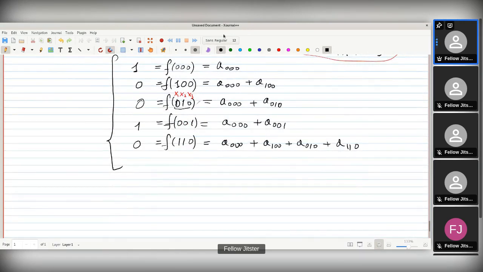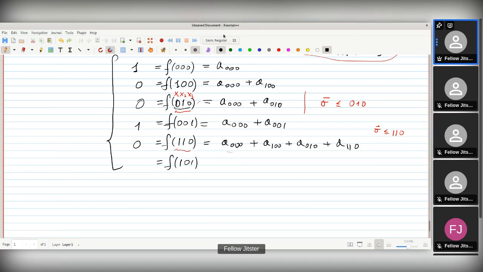You may see that here we have all the coefficients which are less or equal than this tuple. For example, here we have 0, 0, 0, 1, 0, 0, 0, 1, 0, and 1, 1, 0 are all such tuples that are less or equal than this one. This is the main idea behind that.